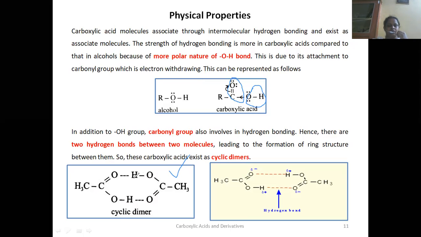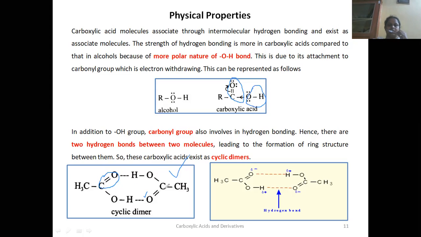Two hydrogen bonds are possible between two molecules. Suppose we have taken this one molecule and this is another molecule. Because of the presence of this C=O oxygen, it will form a hydrogen bond with the OH of the other molecule. Similarly, the OH of this molecule will form a hydrogen bond with the C=O oxygen of the other molecule.